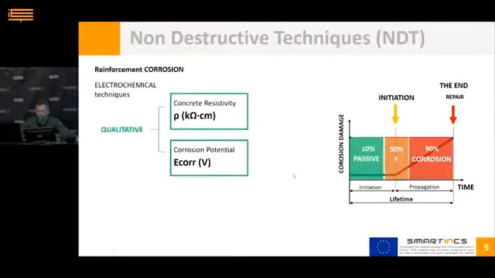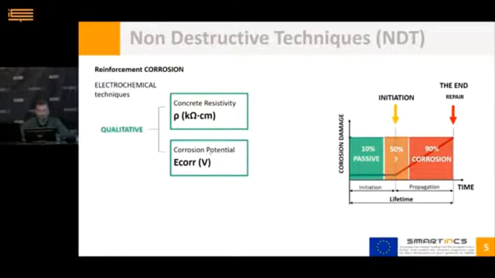The aim of electrochemical techniques is to be able to measure some of the standardized key parameters, the interpretation of which will give us an idea of the corrosion state. On one hand, there is resistivity of concrete and corrosion potential. Two qualitative, not quantitative, parameters.